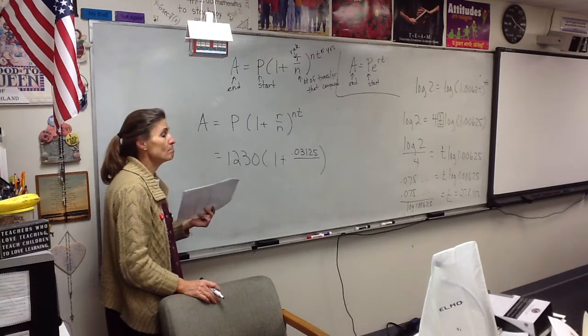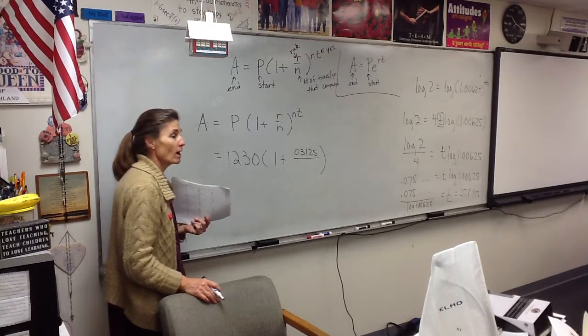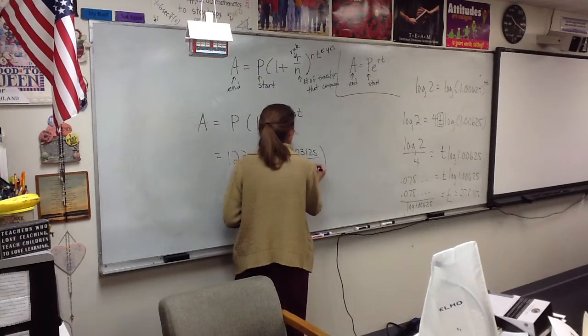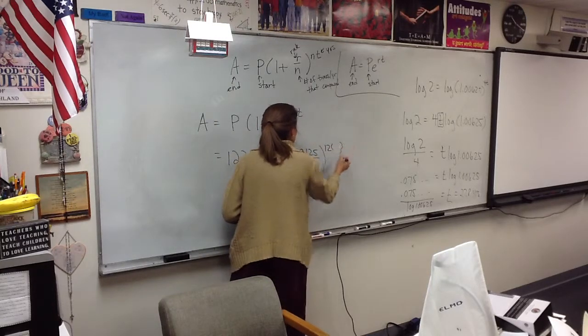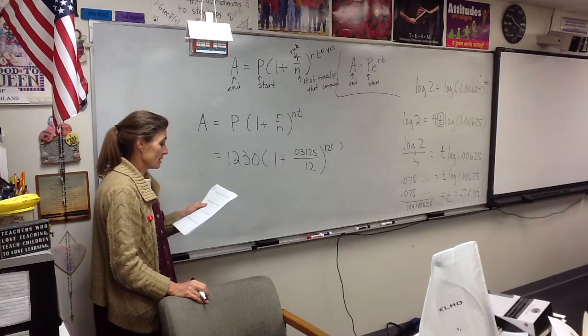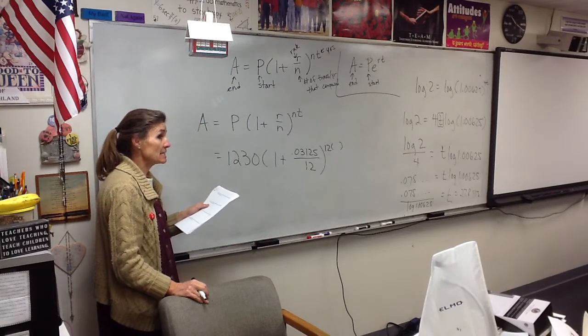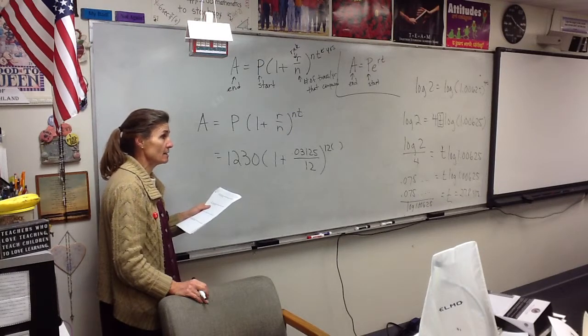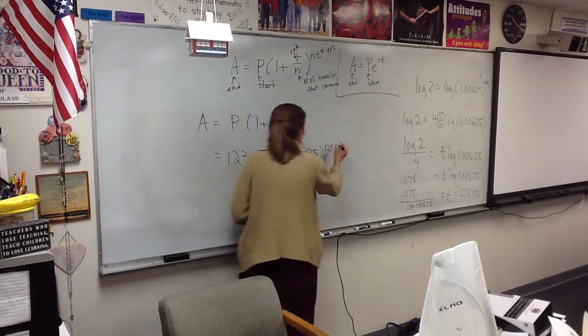What does compounded monthly mean? 12 times a year, so N is 12 in this problem. At the end of 10 years, what do I do with the 10? That's T.